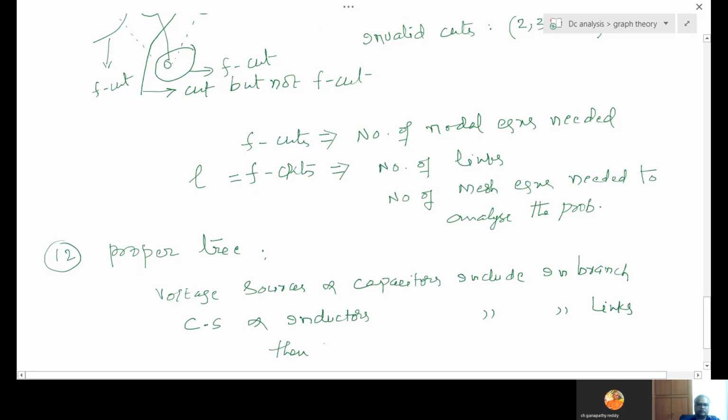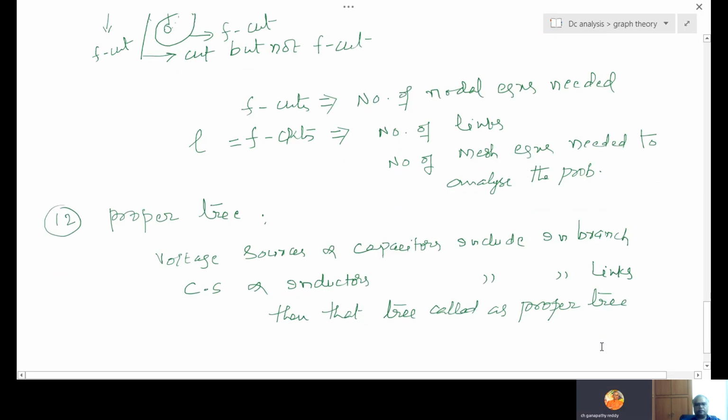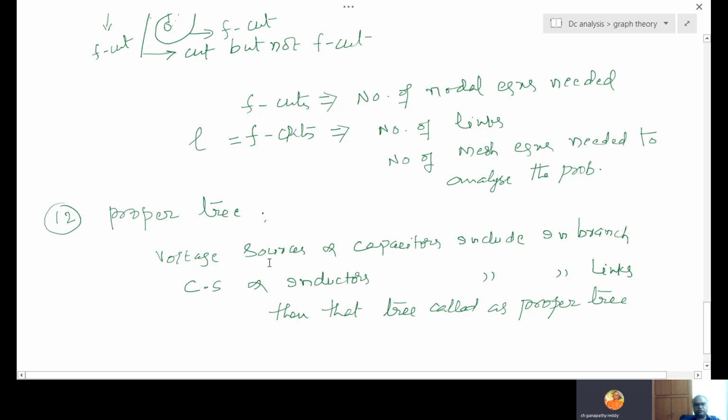Then that tree is called a proper tree. So wherever a voltage source or capacitor is there, include it in the branch. Whenever I am using the word branch, as per the textbook definition of branch, current sources and inductors should be included in links.